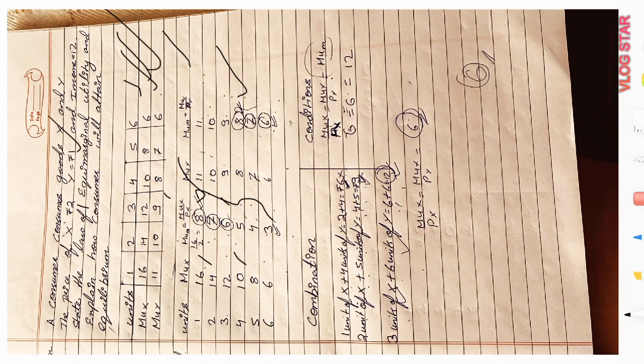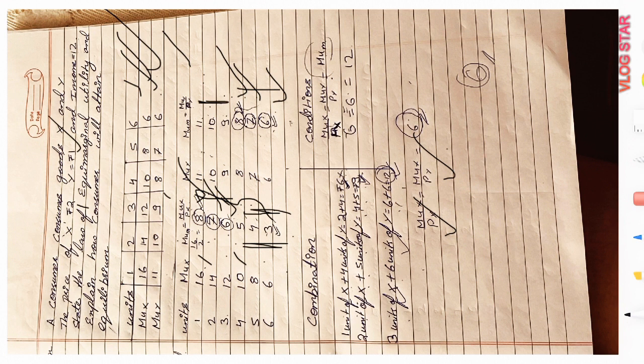That is 8, 8, 7 and 7. It's matching over here, 6 and 6. So these are the three things which are matching in these two, MUX upon PX and MUY upon PY, because we need to follow this equilibrium condition. That's why we are taking the values which are similar to each other. I didn't take 10, 11, 10, all these things, because they were not matching, they were not found over here.